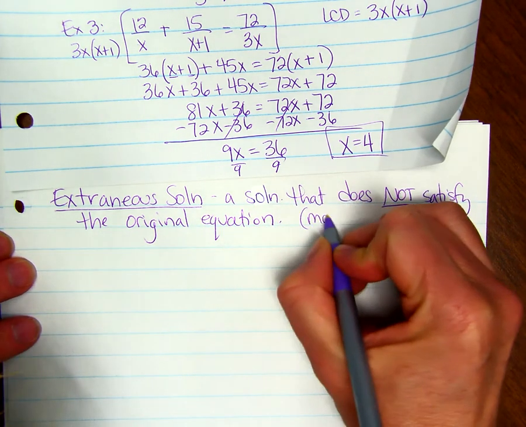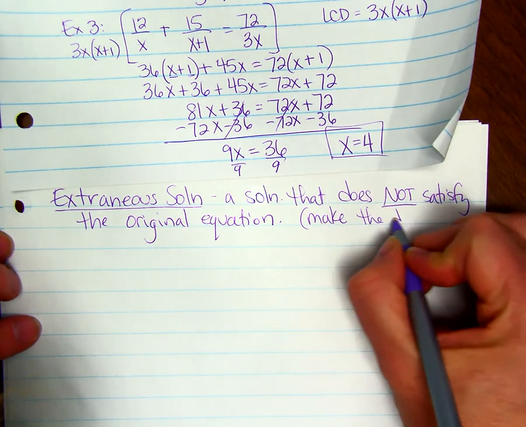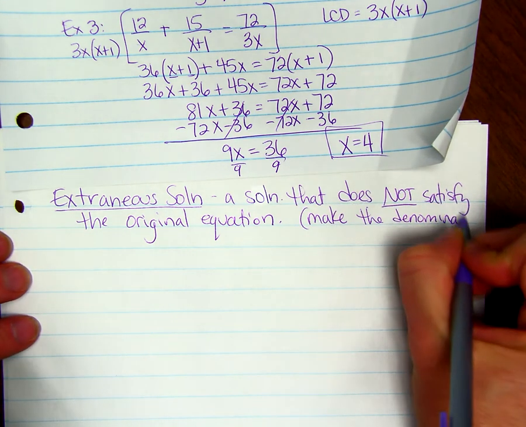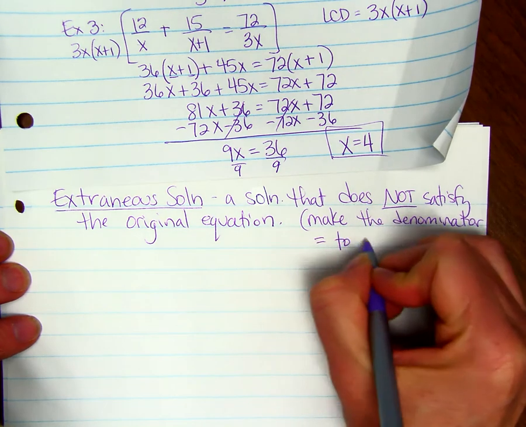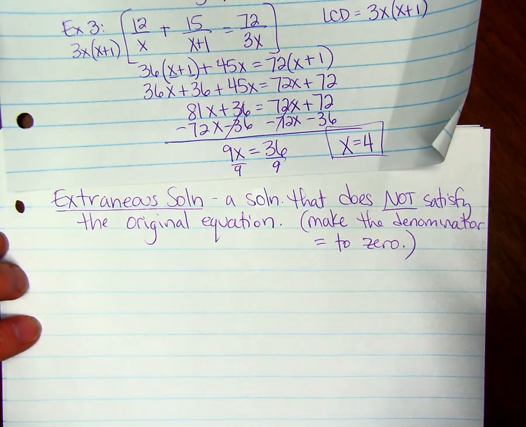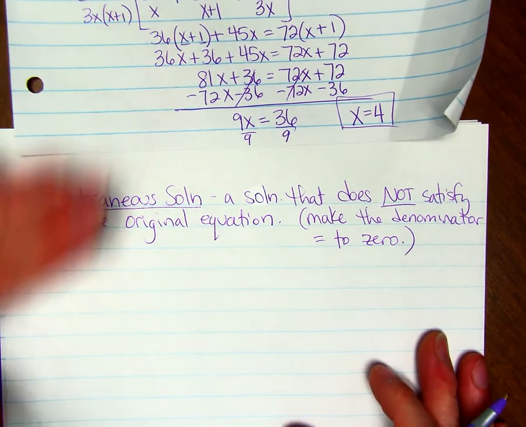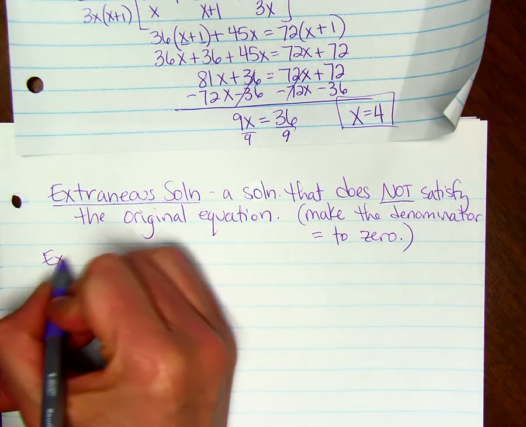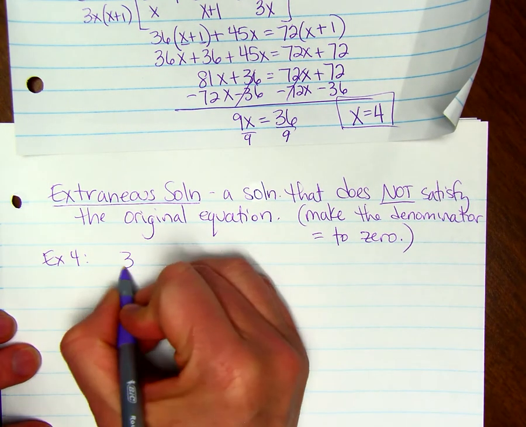In other words, it's going to make the denominator equal to 0, which we all know is a problem. You can't have a 0 denominator. So here's an example where you may have an extraneous solution.